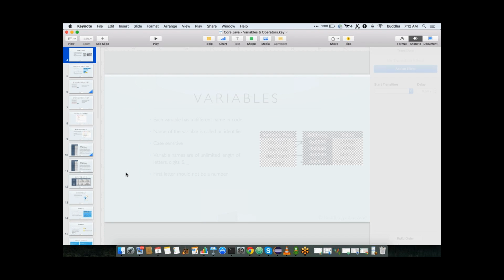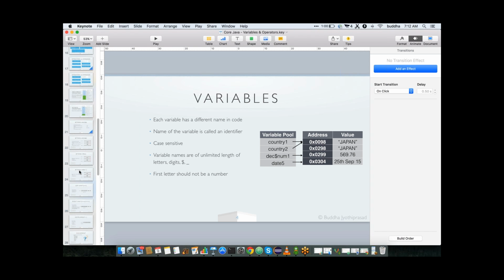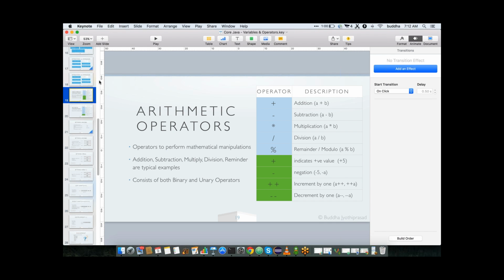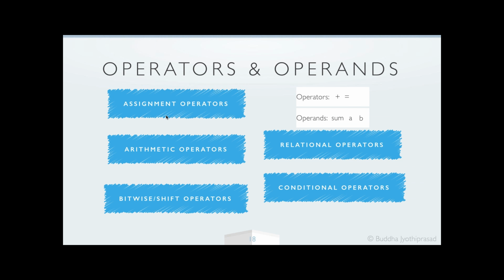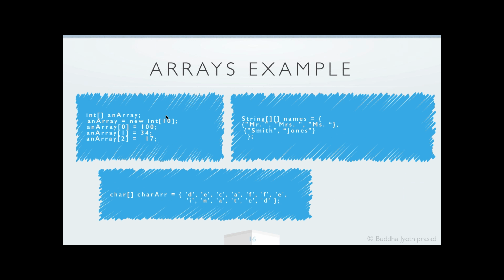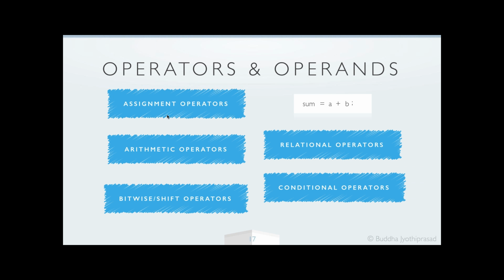Now, as I was telling, we have used a modulo operator to find out the remainder. Likewise, there are many operators for us to look at. So what is an operator and what is an operand? Operators are the symbols that tell the computer to perform some operation, and operands are the variables on which the operation has to be performed.